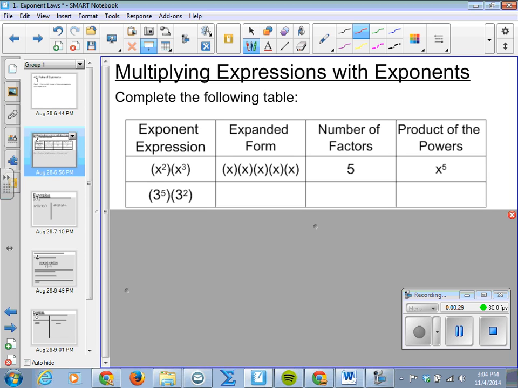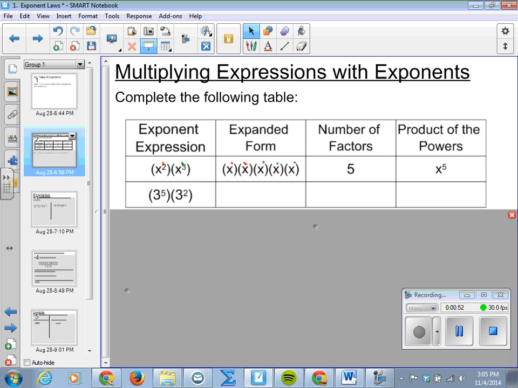So our first expression, okay, is x squared times x to the third power. Written out, that x squared becomes x times x, and then x to the third power is x times x times x, which gives us a total of 5 factors, so we can rewrite it as x to the 5th power.